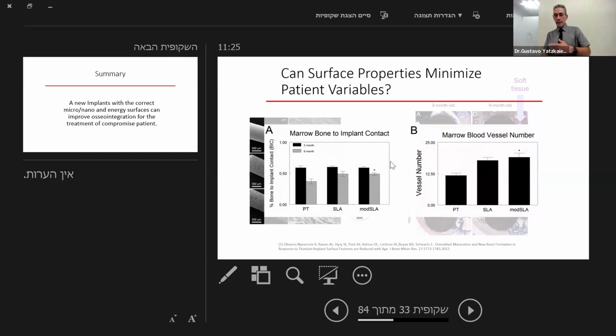But the differences we can see in the black signal and in the gray signal, when we talk about 9-month rats. Also in the marrow blood vessel number, with the modified SLA it was increased in comparison with the other surfaces.